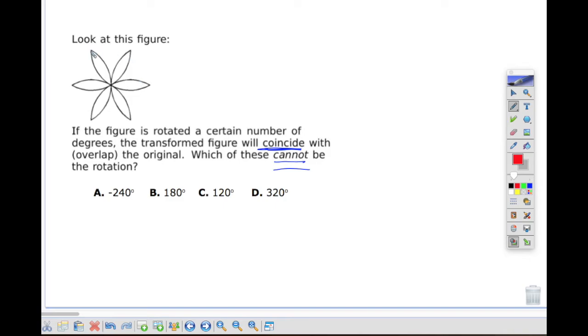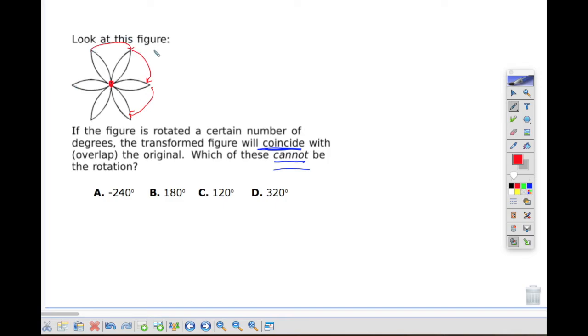All right, let's think about how many ways we could rotate this figure for it to be on top of itself. If I took this petal and put it here, okay, that would be one way, or from here to here, or from here to here. So how many different ways do we need to divide up the 360 degrees?